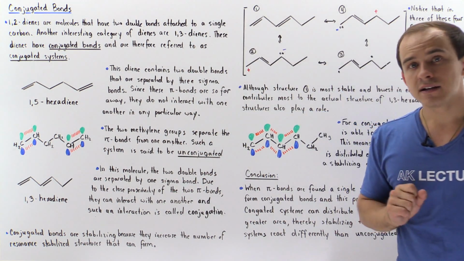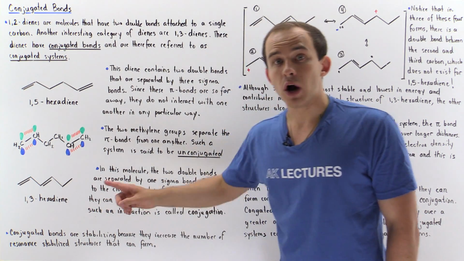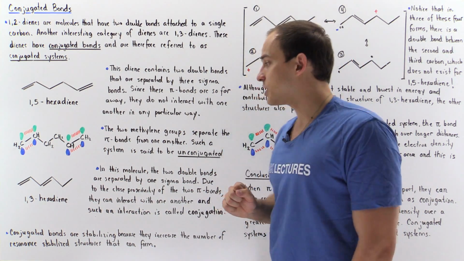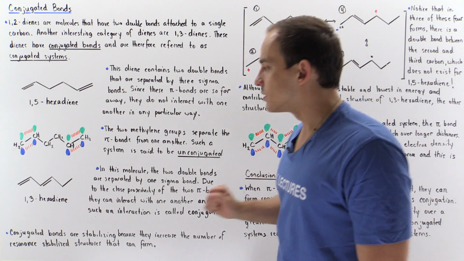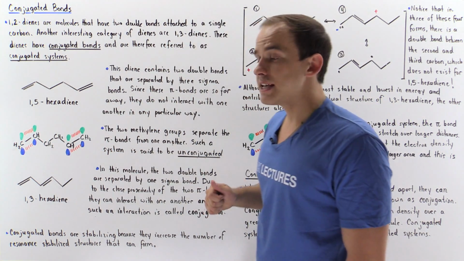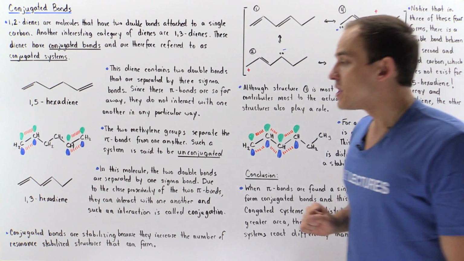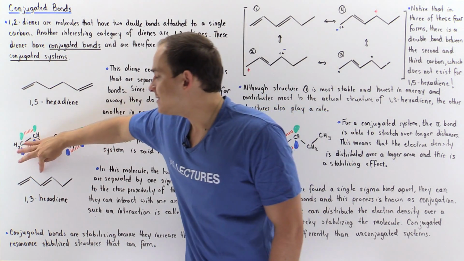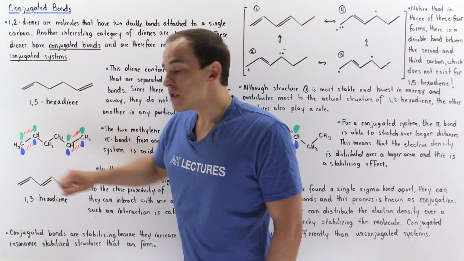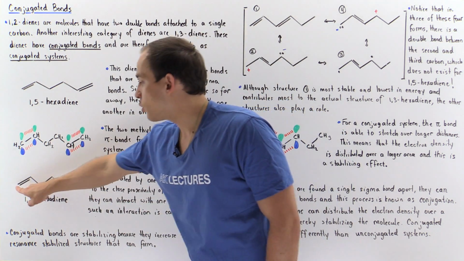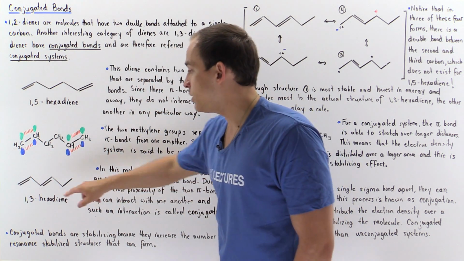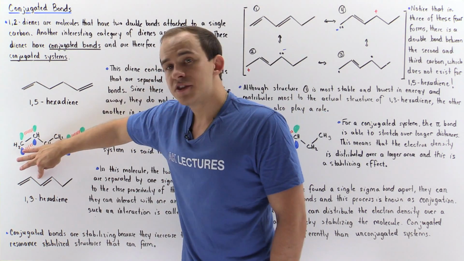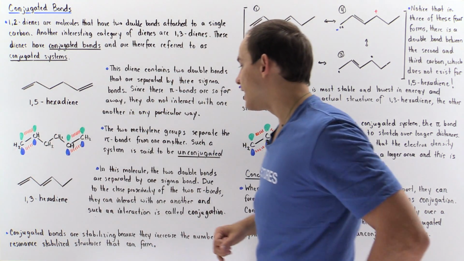Now, let's take a look at this molecule, 1,3-hexadiene, that does in fact have conjugation. So in this molecule, we still have our 6 carbon atoms, but now our two pi bonds are separated by a single sigma bond. So we have a pi bond between the 1, 2 carbon and between the 3, 4 carbon, and they are separated by this single sigma bond.